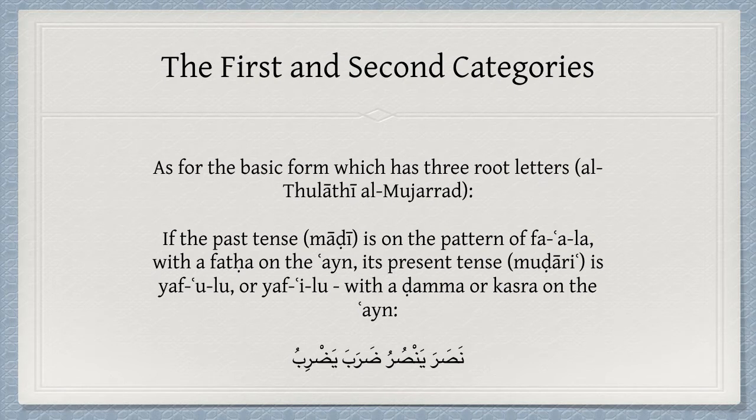Sometimes you can have a pronoun added to it, which we'll look at, like darabta, in which case the last vowel of the original word becomes silent, is sakin, because you've added this pronoun of ta. But what's implied is that there's a fatha on it. So it's daraba.